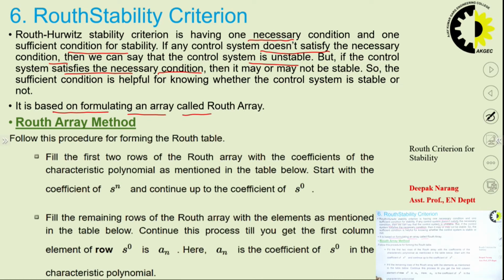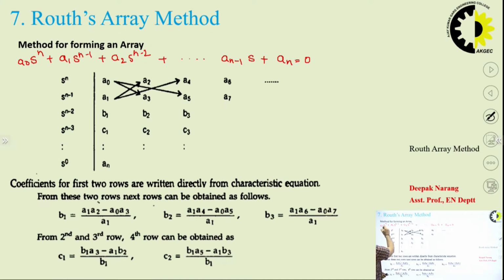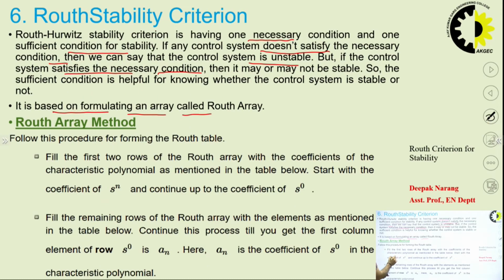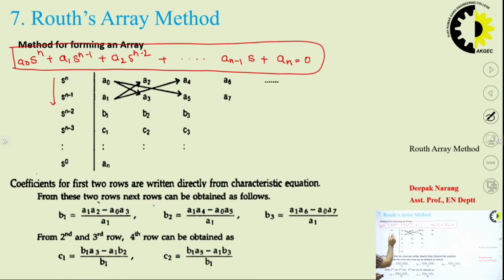So, how is the Routh array formed? First of all, write the characteristic equation of the system, and then fill the first two rows of the Routh array with the coefficients of the characteristic equation polynomial as mentioned in this table. In the column we start from the higher degree of s and move down to s raised to power 0.